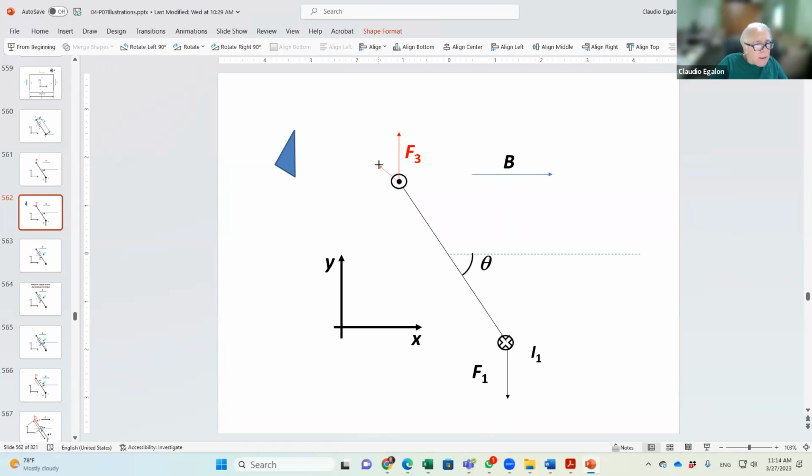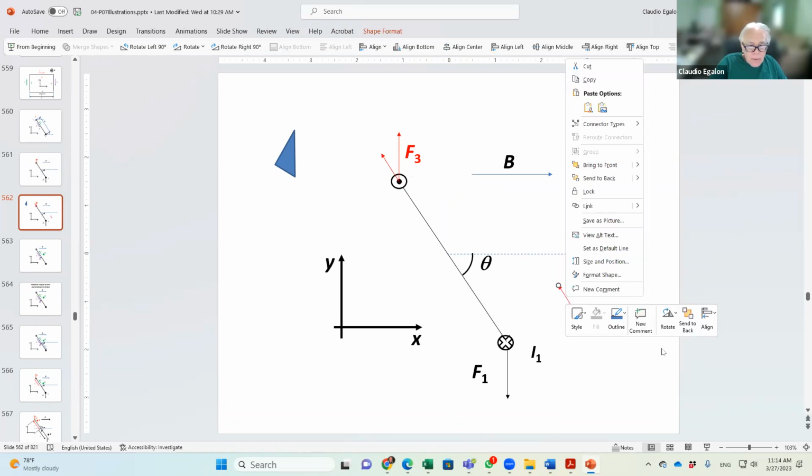Here you go. One component is going to be along the arms of the loop, right? This component doesn't produce any torque whatsoever. It just tries to stretch the wire.